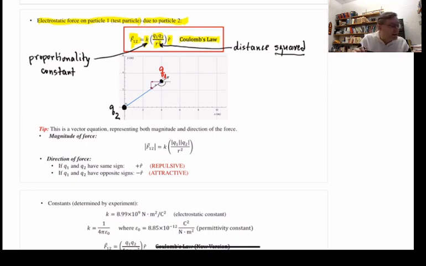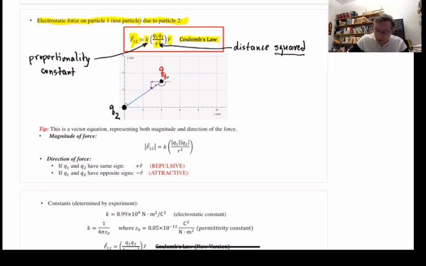Now let me emphasize that this result comes from experiment. Very careful measurements were done to get this mathematical form. Look at this picture right below there, and there are the two particles, Q1 and Q2. And it just so happens that they have opposite types of charge.